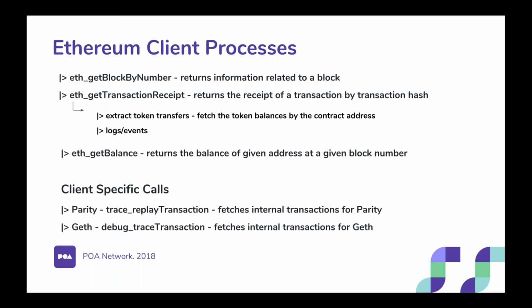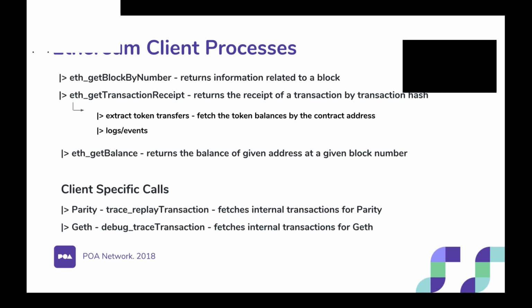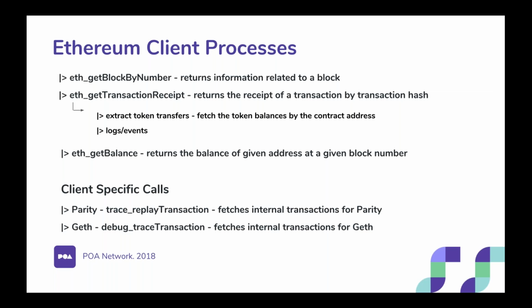So once we do this, and these are the real expensive calls. The reason for this is because we actually have to run the transaction back through the virtual machine. So when we interact with a contract, there are several underlying transactions that can happen. And these could be interacting with other contracts. These could be making other calls, other value transfers.